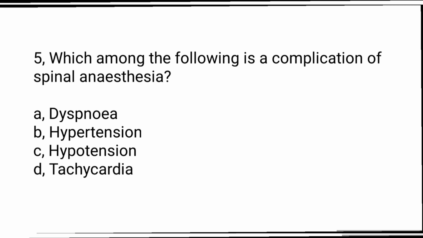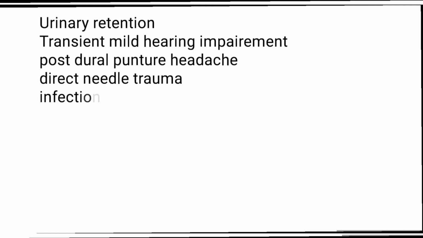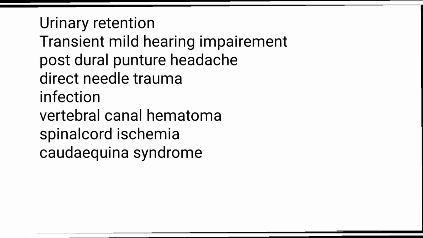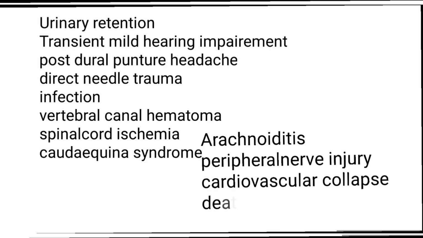Other complications are urinary retention, transient mild hearing impairment, post-dural puncture headache, direct needle trauma, infection, vertebral canal hematoma, spinal cord ischemia, cauda equina syndrome, arachnoiditis, peripheral nerve injury, cardiovascular collapse, and death.